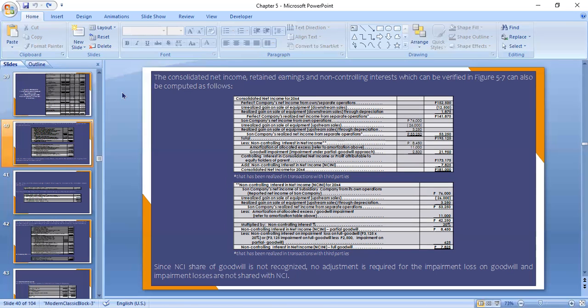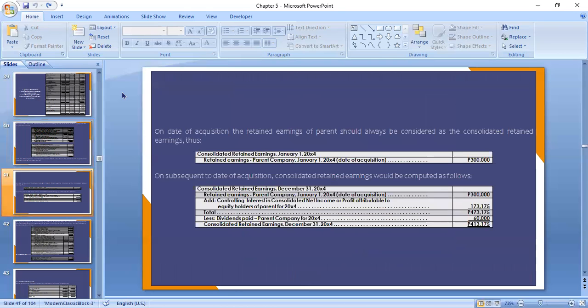Then we add that of the subsidiary. So take note that whatever reciprocal accounts should be eliminated. So we have now the consolidated. Okay, so we have now the next slide.